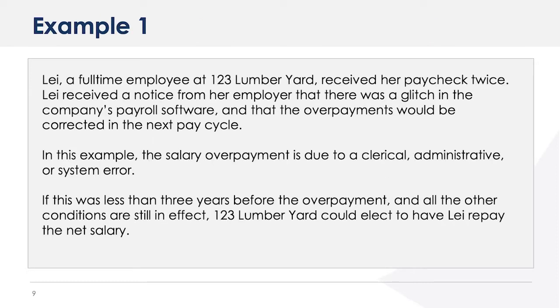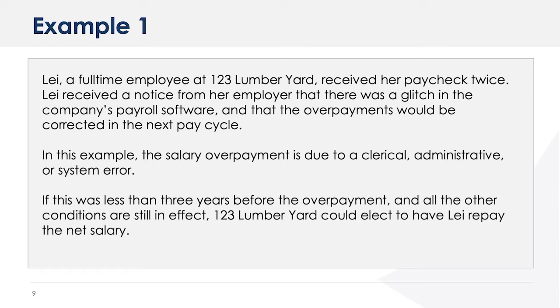Let's look at an example of the first salary overpayment situation. Lee is a full-time employee at 123 Lumberyard. Last week, she received twice her paycheck. Lee then received a notice from her employer that there was a glitch in the company's payroll software and that the overpayments would be corrected in the next pay cycle.